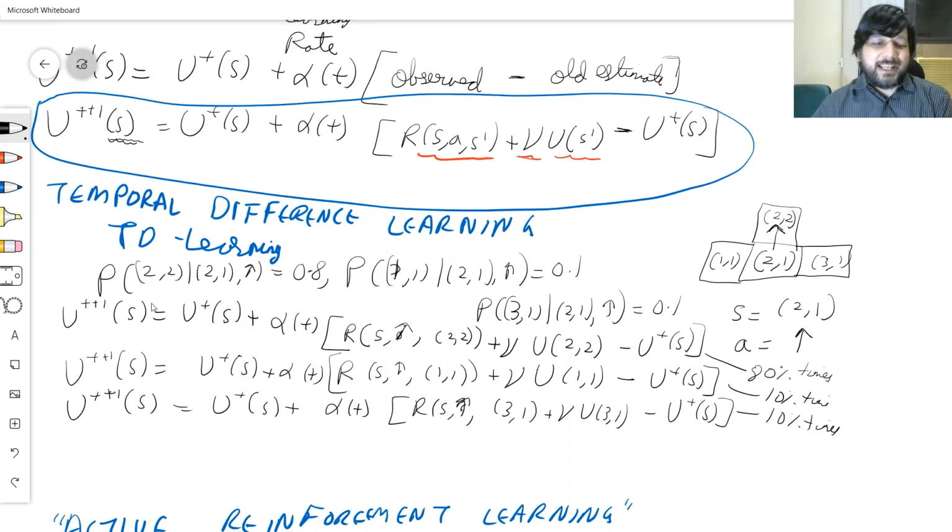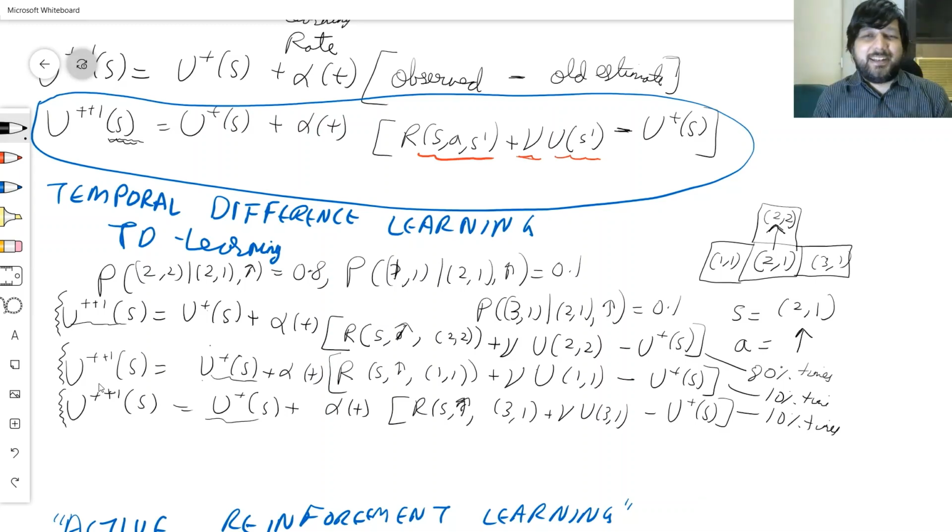Now because time is iterative, let's say three consecutive actions were this, this and this. Basically the old value here is the updated value here, the old value here is the updated value here, and you solve these equations. Imagine this correction happens 80% of the time, this correction happens 10% of the time, this correction happens 10% of the time. The total correction is like doing all the corrections and averaging it out.